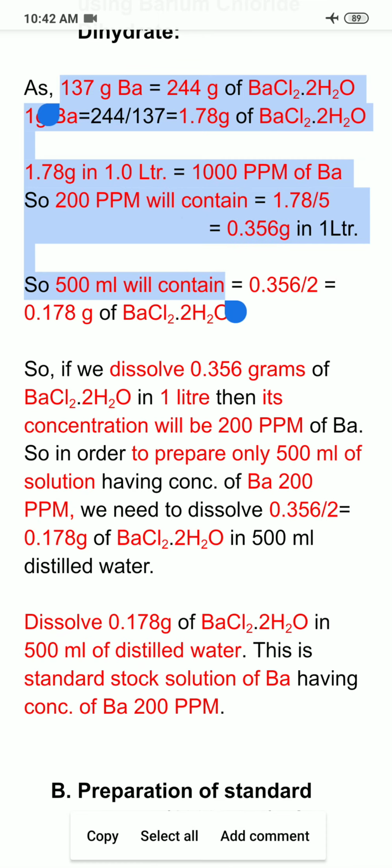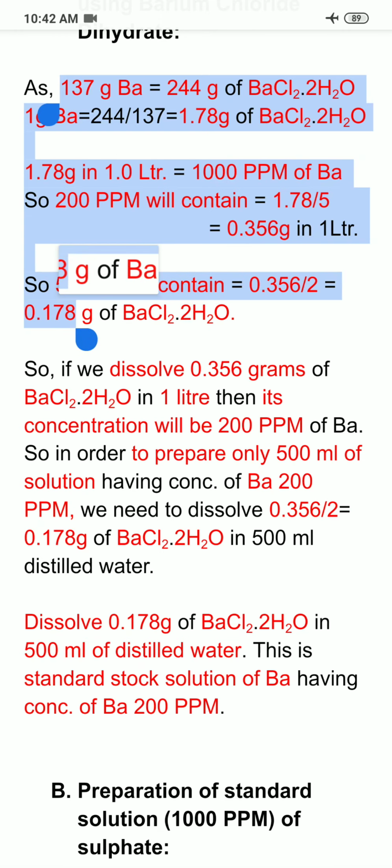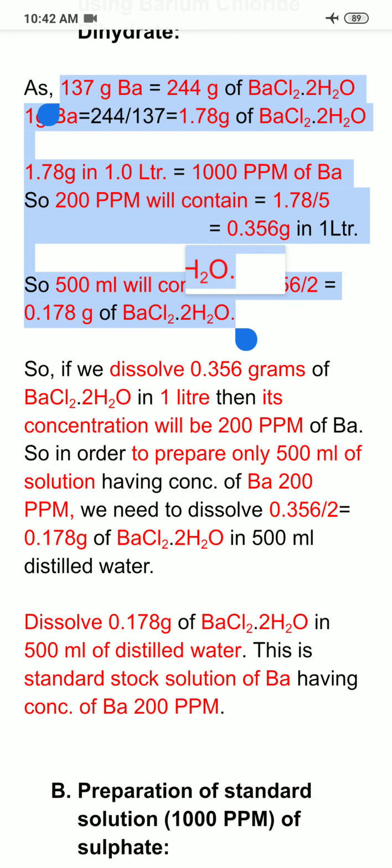So as 1000 ml or 1 liter contain 0.356 grams, so 500 ml will contain 0.356 divided by 2. This would be equal to 0.178 grams of barium chloride dihydrate.